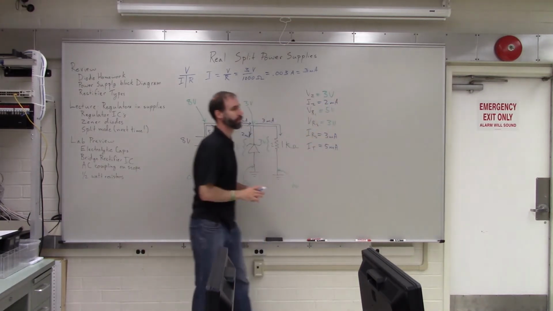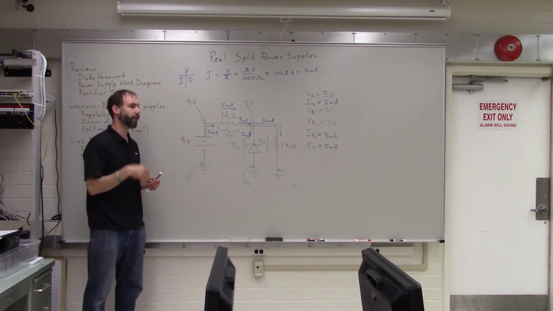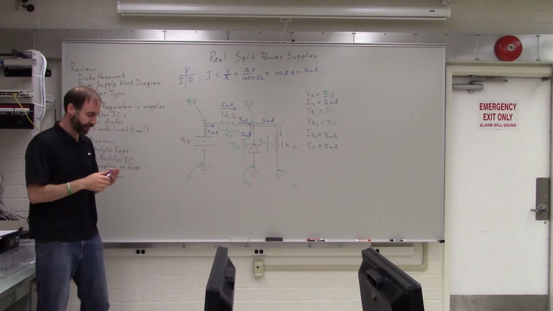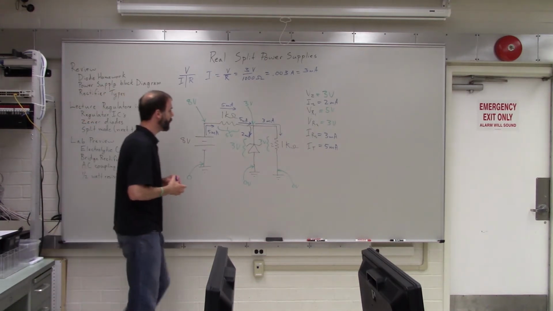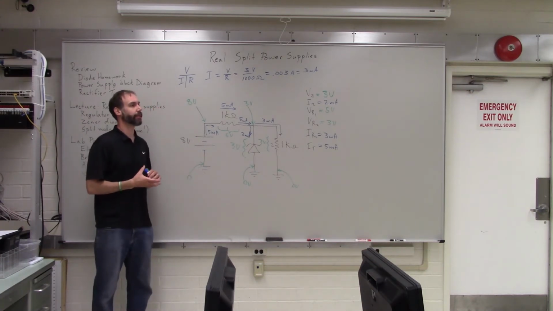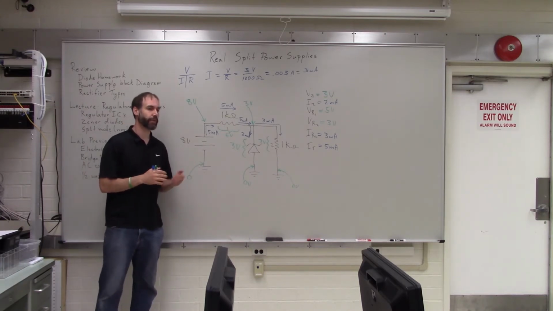So a Zener or LED has resistance, and a regular diode doesn't quite have resistance, but it doesn't work quite like a resistor. It's not like a wire.